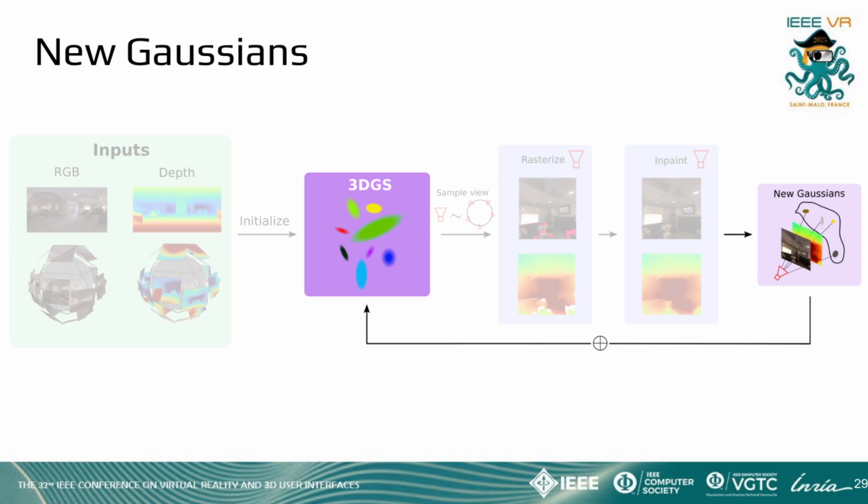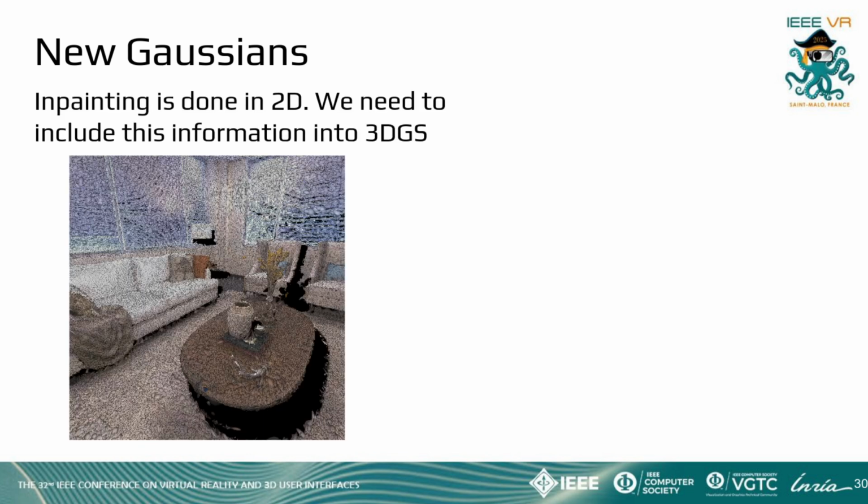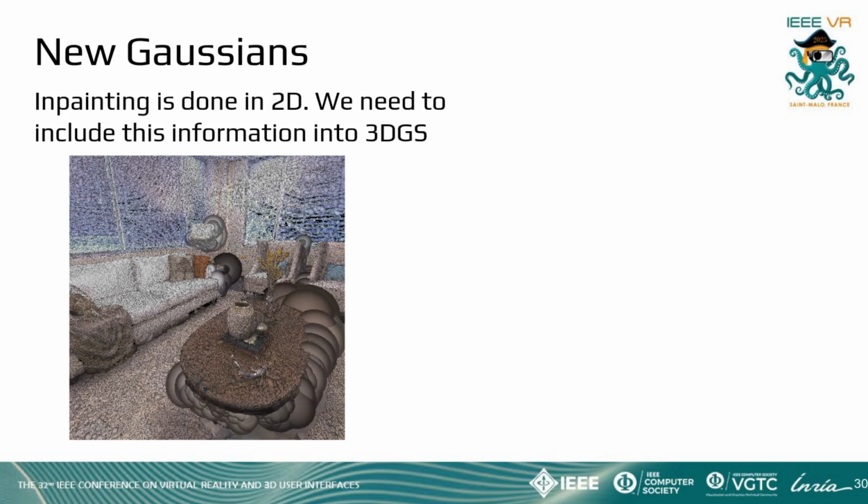We need now to make sure that our Gaussian splats are aware of the inpainted content, so that when querying additional novel views, they use previously filled content. Note that inpainting is done in 2D. We can spawn new Gaussians at the holes with the information of the RGBD pair we just computed. However, these Gaussians are initialized only in position, but need optimization of other properties such as scales, rotations, and opacities.